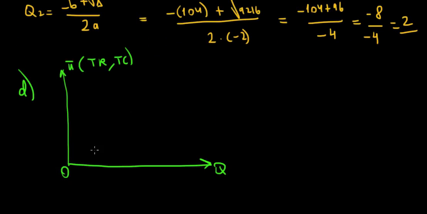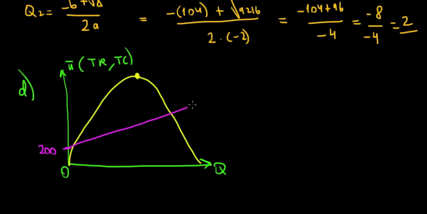In the first case we have total revenue, which we drew before. It goes up and then it goes down, and we have a maximizing value. And then we also have the total cost function, which is 200 plus 3q. What is 200? That's the constant, the y-intercept. So we start at 200 and it goes like that, 200 plus 3q.